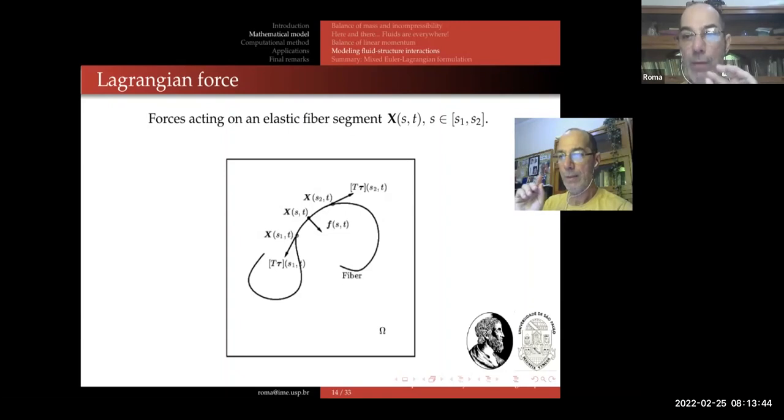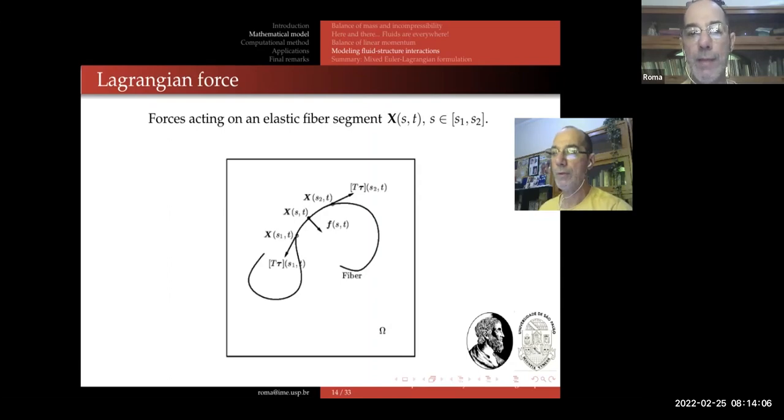You see, now I am using Lagrangian coordinates. With this capital X here, I am marking a specific point on the fiber. So S is called the Lagrangian parameter.